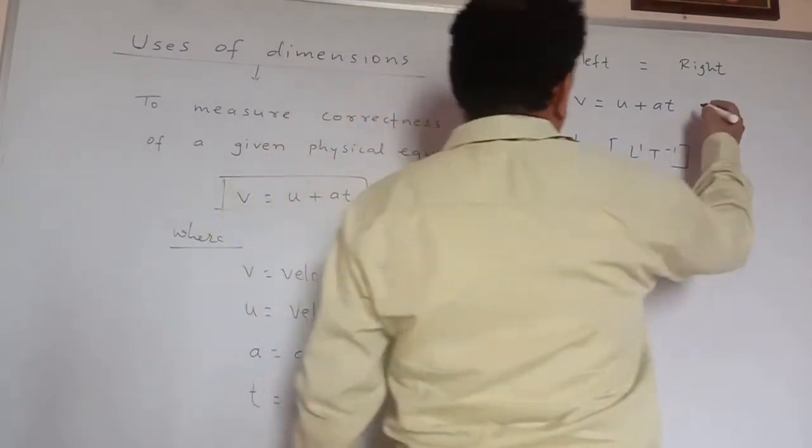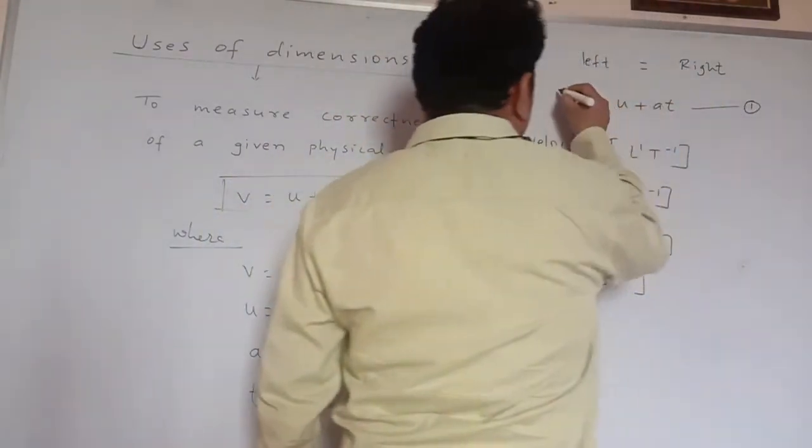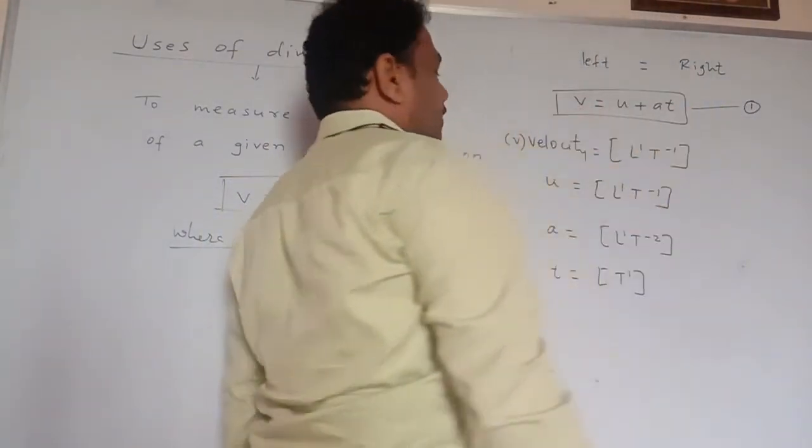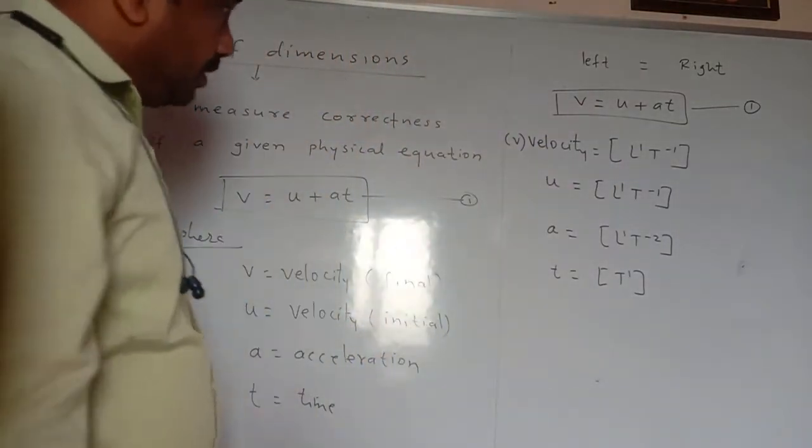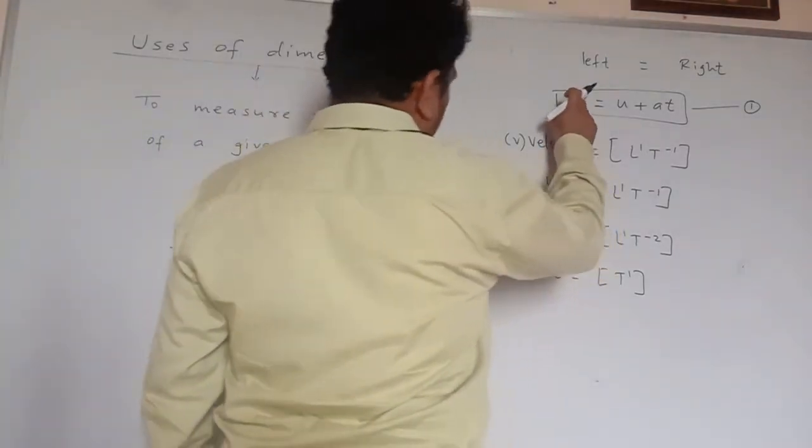Suppose this is equation 1 which is given to us, v is equal to u plus at. Now substitute all the values in this equation. What is the dimension of v?